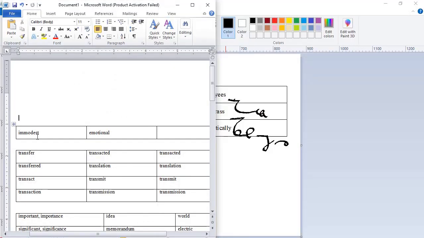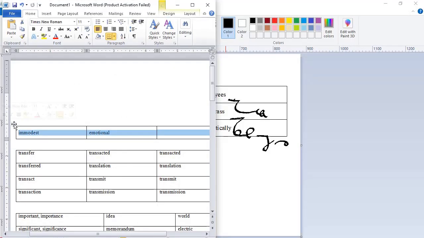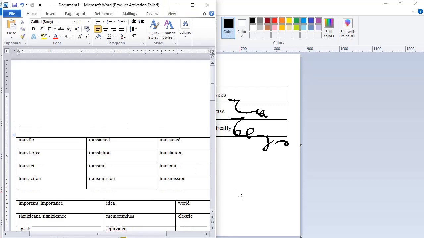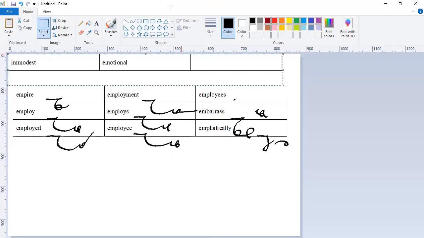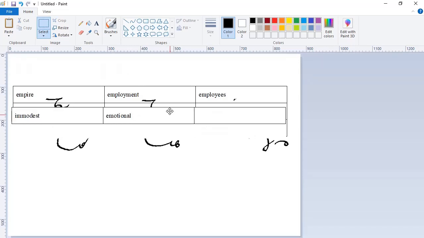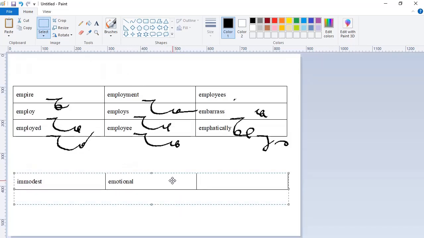And that is, kapag ka yung word ay doble ang M. Okay? Sabi, im and M are written in full when followed by a vowel. Tulad nitong immodest.